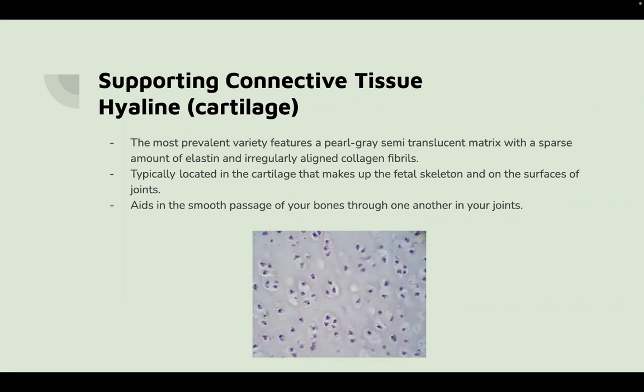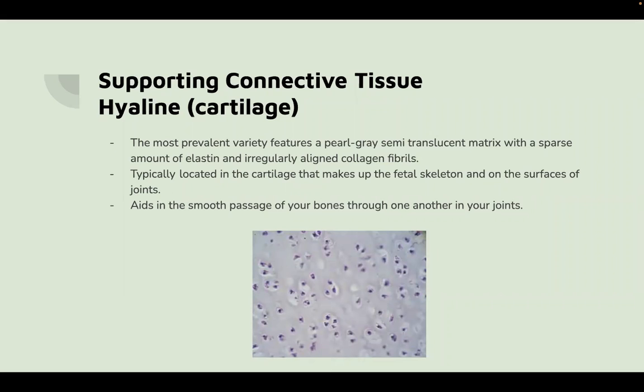Hyaline cartilage consists of chondrocyte cells which support and repair the cartilage matrix, and these cells occupy small spaces called lacunae and are scattered throughout the matrix.